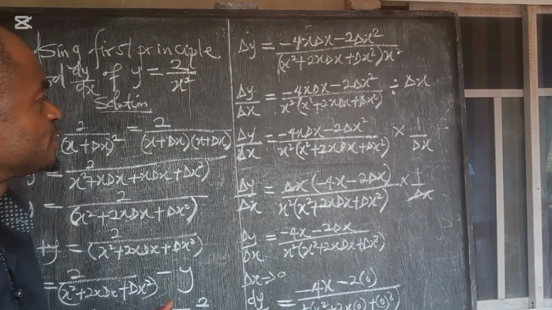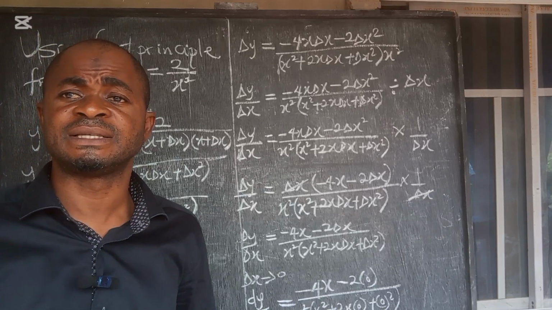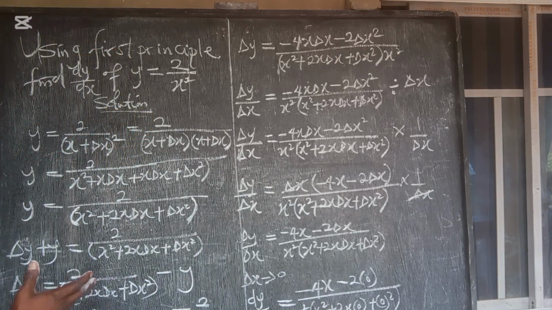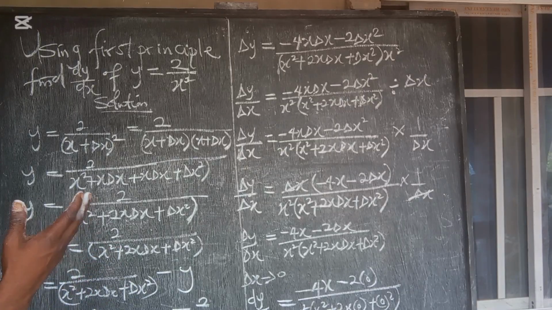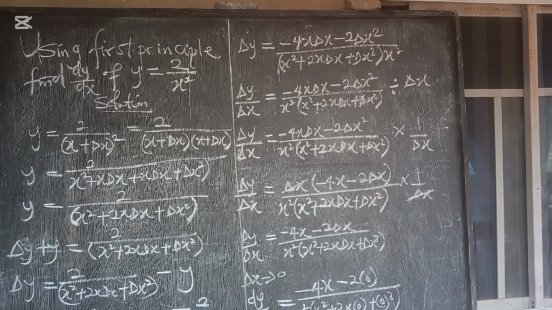That is the end of this question that says to use first principle to find the derivative of y equals 2 all over s squared. That is the first principle for you. When we reach other techniques, we should be able to understand them.